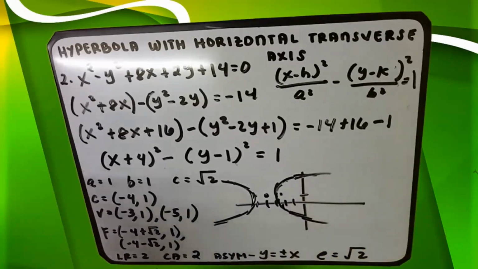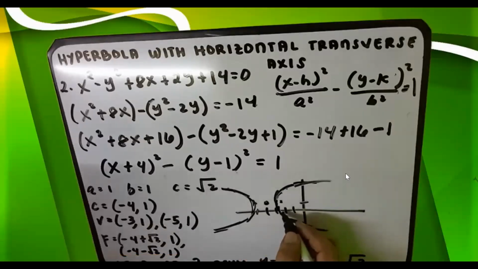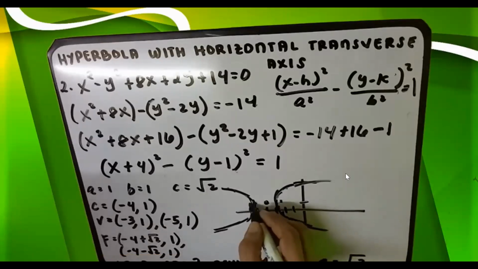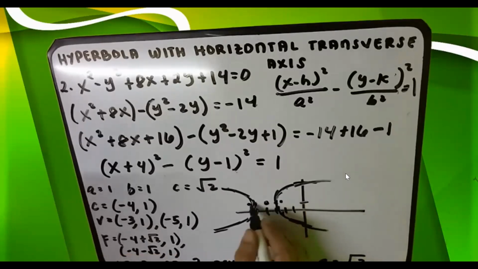Yung isa naman ay negative 5, 1. So yung focus medyo dikit dito sa foci. Yan. Vertices, foci.